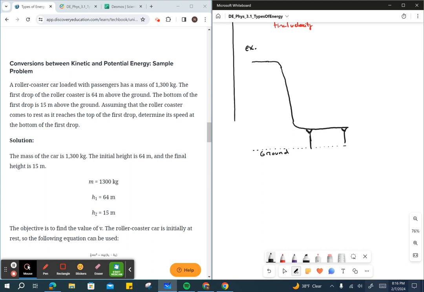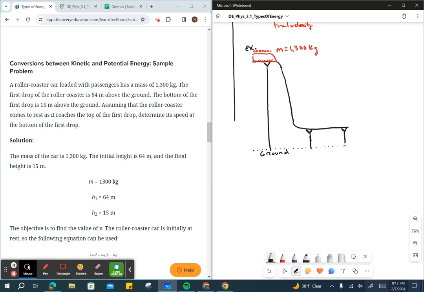We'll say that maybe you have something holding it up way up here. So there's your roller coaster, you got all these people in it, and the mass of the roller coaster is equal to 1,300 kilograms.